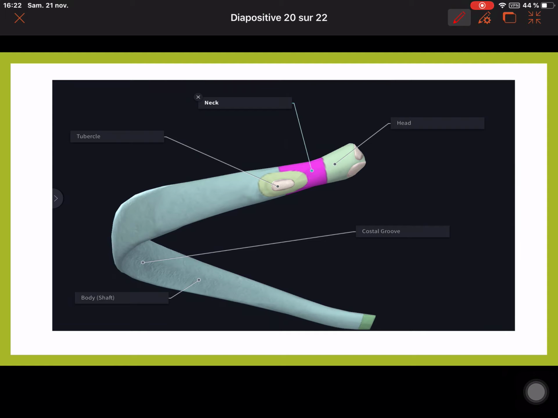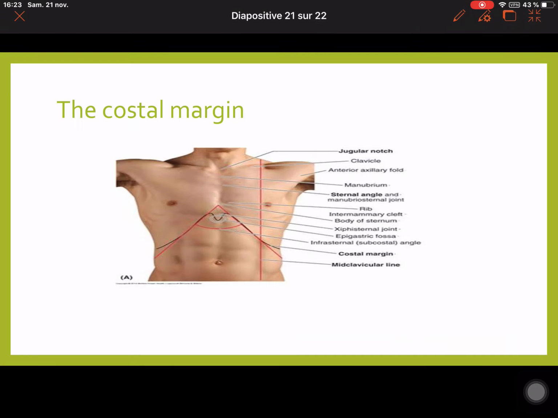We have the head joining with the body of the vertebra, the neck joining the head with the tubercle articulating with the transverse process of the vertebra. We have this costal groove for the attachment of intercostal muscles, and also we have the body of the rib or the shaft.